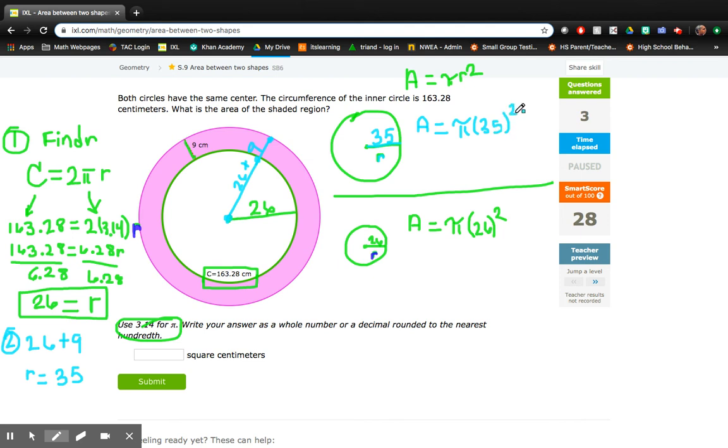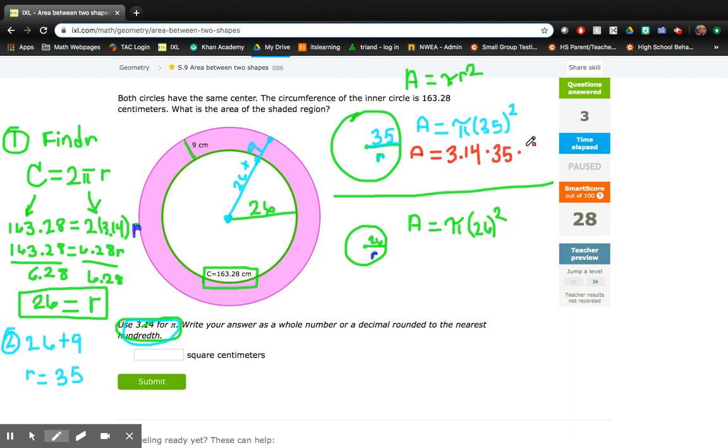Now I'm just going to use my calculator to find the values for these. And notice that it tells me to use 3.14 for pi. So I'm going to go back in here and I'm going to find these areas using my calculator. So when I do that, that's going to be 3.14 times 35 times 35.